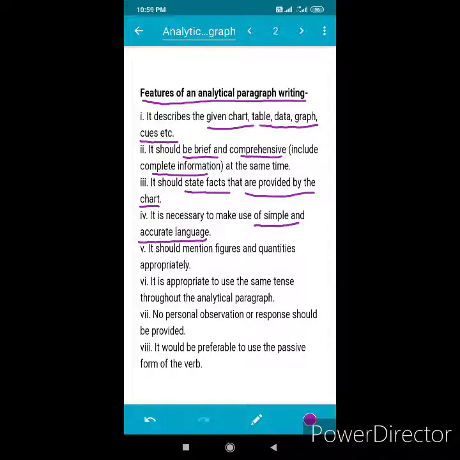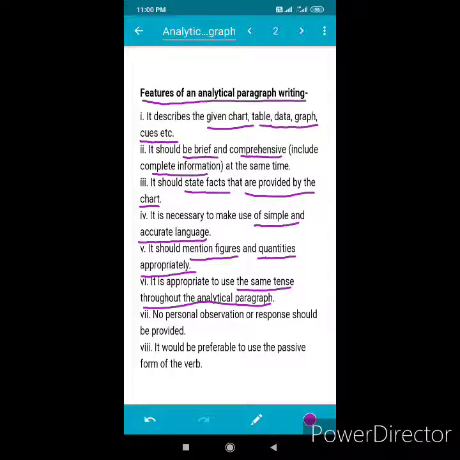Fifth point, it should mention figures and quantities appropriately. Sixth point, it is appropriate to use the same tense throughout the analytical paragraph.